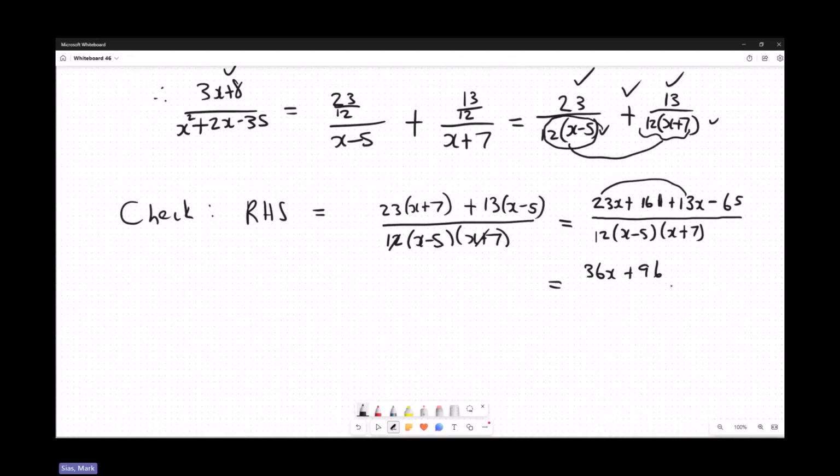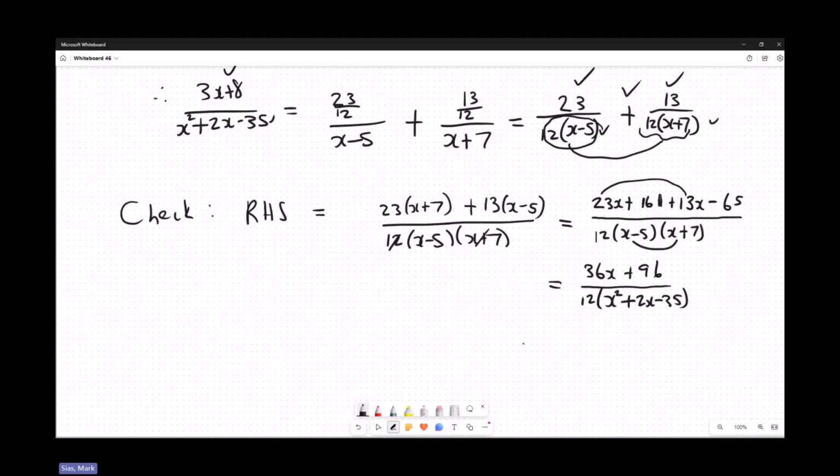Okay, right. And I've got my 12 there. What is x minus 5 times x plus 7? It's just this here, right? So I'm multiplying that already now. X squared plus 2x, because that's how I factorized it, minus 35. So I've multiplied these two, okay?